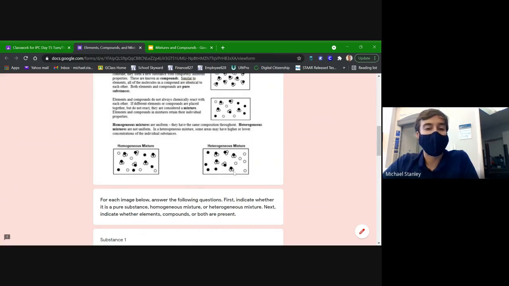Whereas in our picture over here, all of the white elements are clumped together on the right, and all the black elements are clumped on the left, and all of the compounds are sitting there in the middle. So this is a very heterogeneous mixture. There's different makeups of particles depending on where you go. It's not all the same throughout the whole thing.